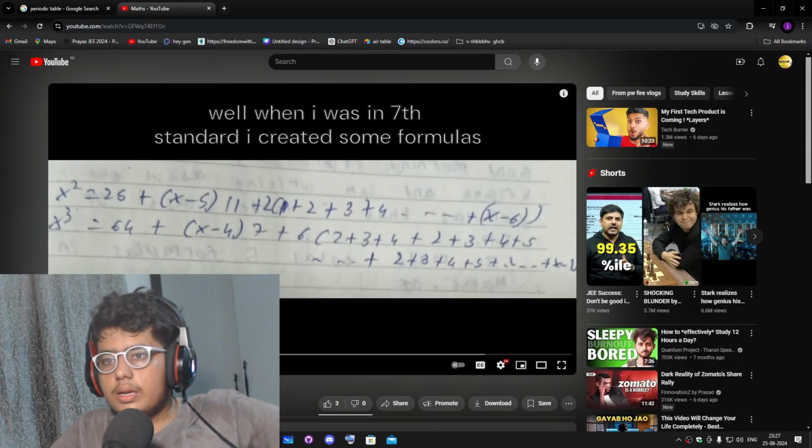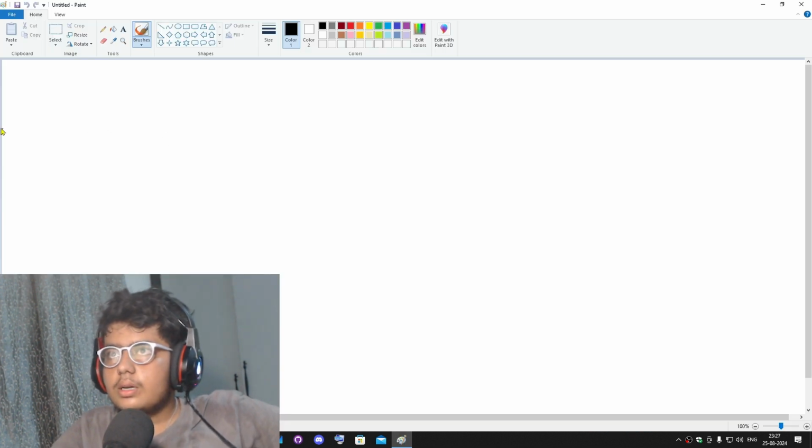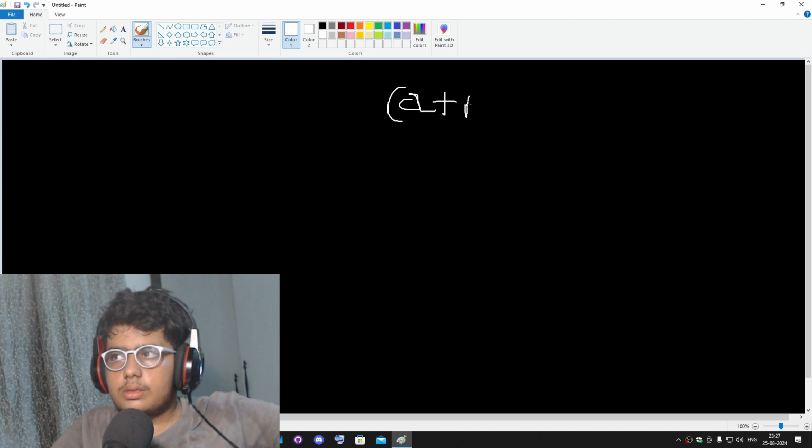Okay, let me solve one more problem. Let's try whether I can derive this or not. This is not derived by me. I learned it from sir, but sir taught me so well that I still remember it. (a plus b) whole power n.